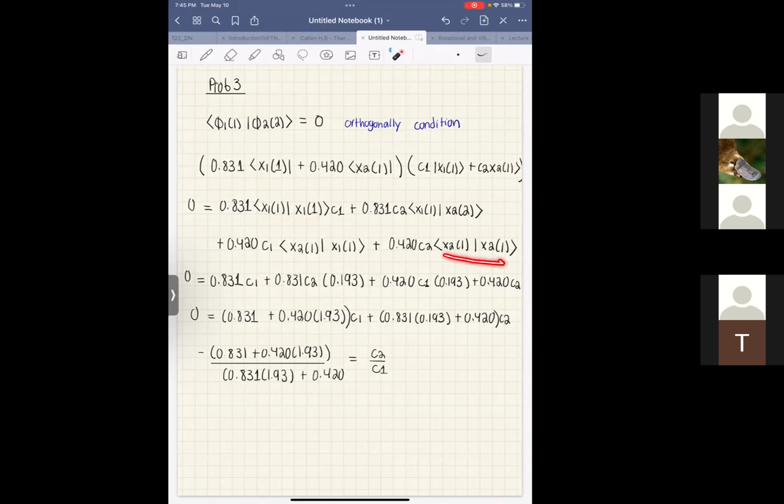All right, so then this is going to be equal to 1, and this is going to be equal to 1. And they give us a value of the overlap integral. So then we just plug in what the overlap integral is, and this is going to be the integral times 1. And so basically, what we do is we solve for C of 2 over C of 1. So then we just plug everything in, and then we basically just solve for this.